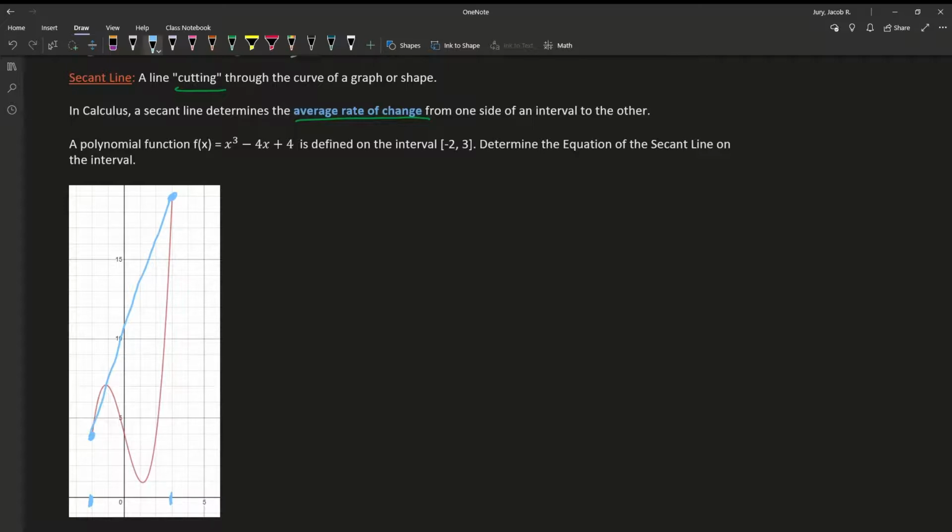We want to know this equation of a line so we can determine maybe a trend in the data we've found. So in order to figure out what the y values are, I'm going to have to evaluate my function f at -2 and f at 3 to determine what the y values are.